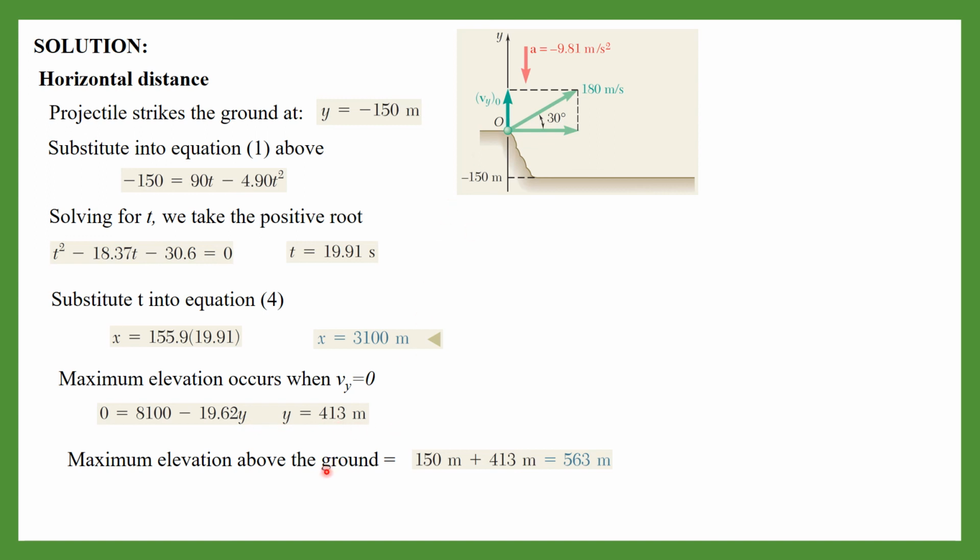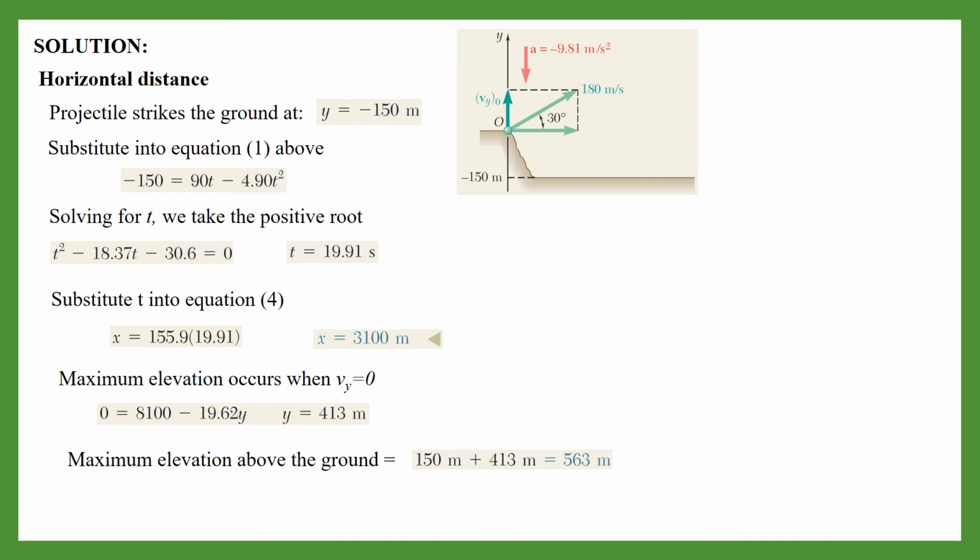But this is the elevation from O. If you want to find the maximum elevation from the ground, you need to add this 150 meters. After adding it, the elevation from the ground comes out to be 563 meters. So this is the maximum elevation of the projectile from the ground.